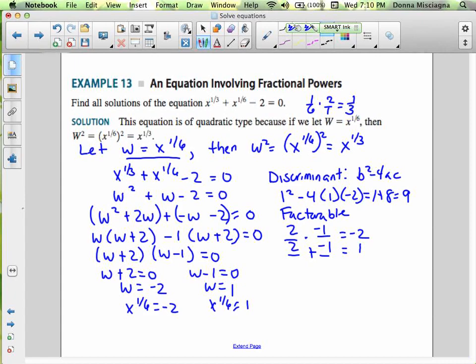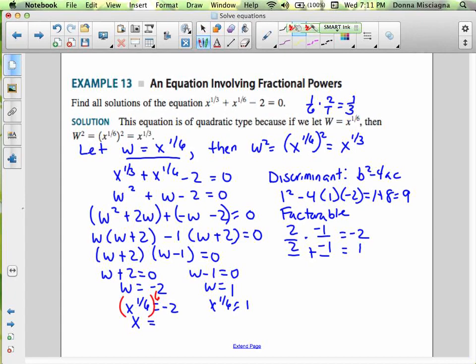Well, what are you going to have to do to solve for x? If you've got a 6th root of x, that's what that is, you've got to raise it to the 6th power. When we raise a power to a power, we multiply exponents. 1/6 times 6 is just 1. And so this is just going to be x. And now we just have to do the same thing to the other side.